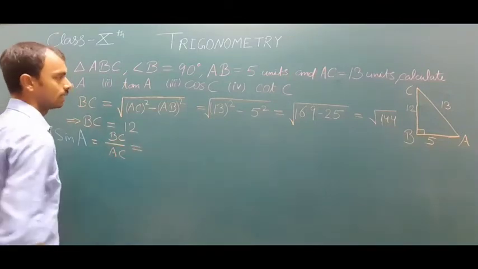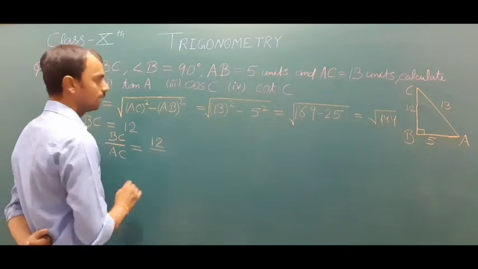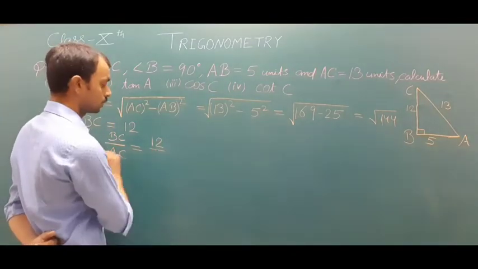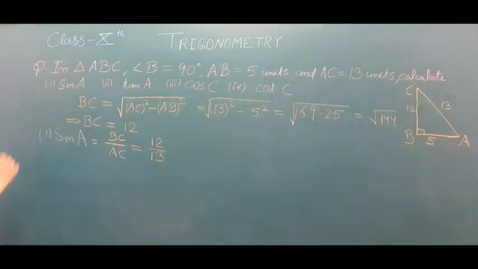BC is 12 and AC is, sorry, AC is 13. So the value of sin A is 12 upon 13.